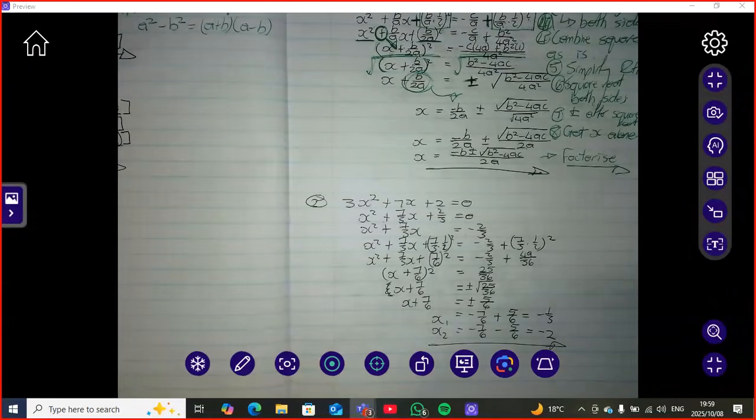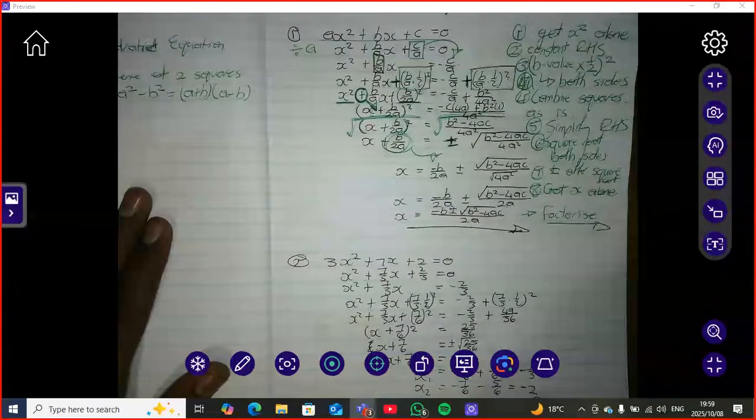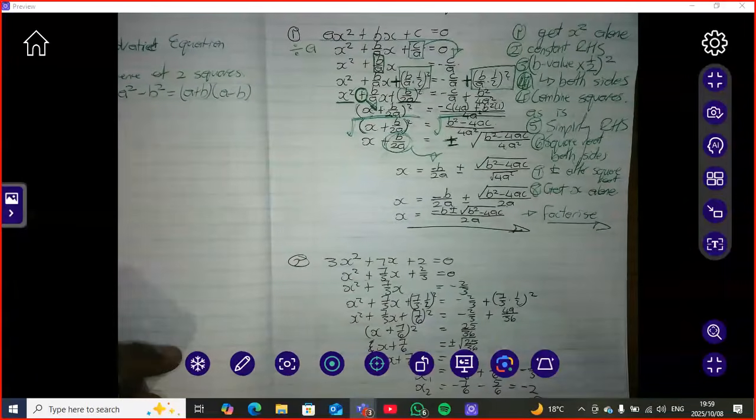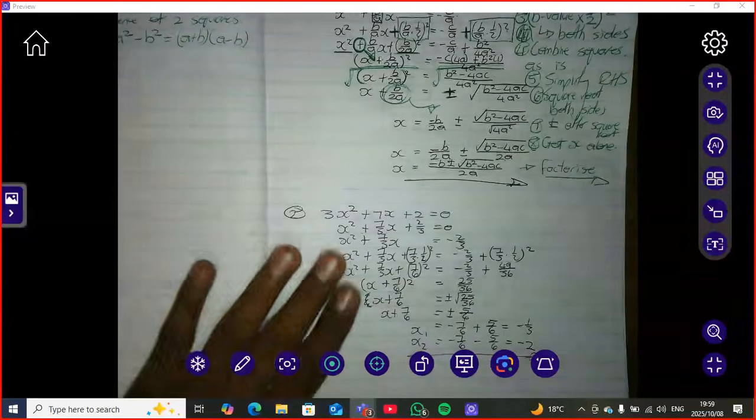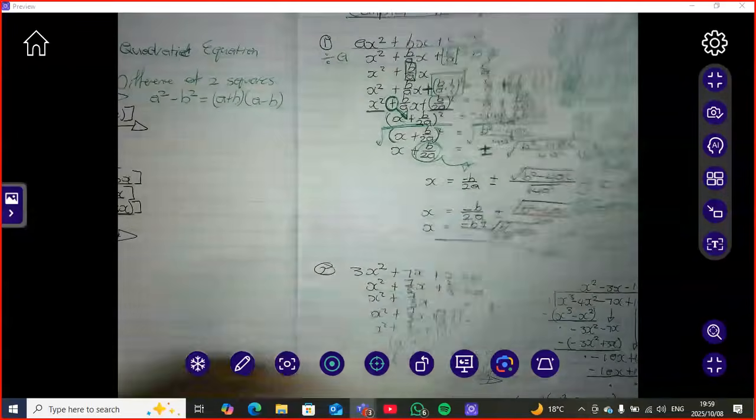If you get letters, it's more work. But if it's numbers, it simplifies much better.